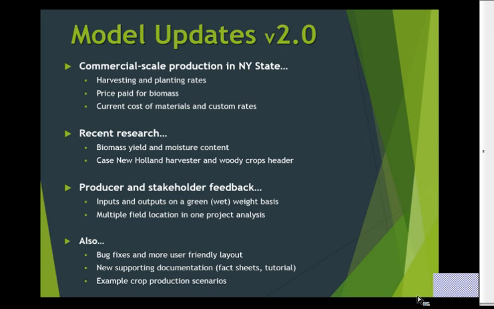We've also included recent research on biomass yield, moisture content, and things like that, as well as a project that's been ongoing for several years in partnership with ESF and Case New Holland to develop a woody crops cutting header that fits on their forage harvesting systems.